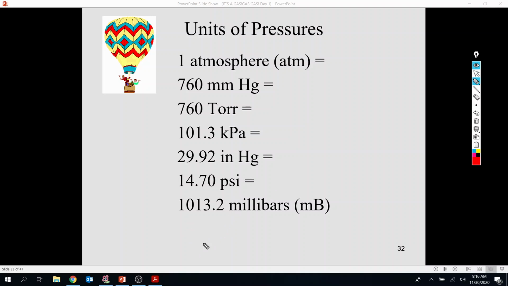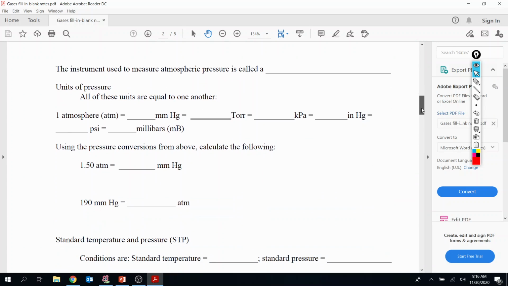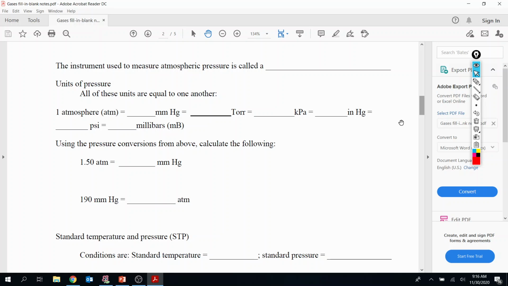Let's see if we need to record any of those on our other page. Instrument used to measure atmospheric pressure is called a. Do we remember that that is a barometer? All right, and all of these units are equal to each other.